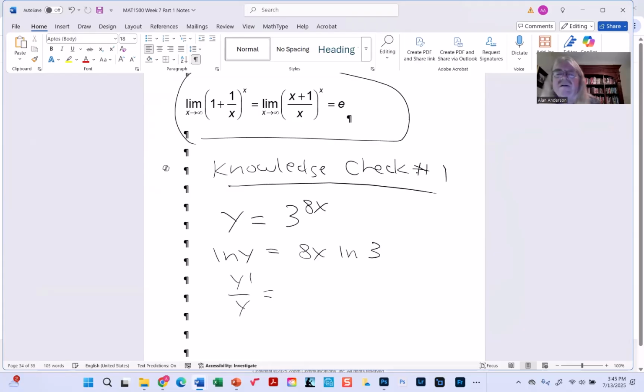Now, keep in mind here, this was not a terribly complicated case because this actually could be rewritten as 8 log 3 times x. And so the derivative is just going to be 8 log 3.